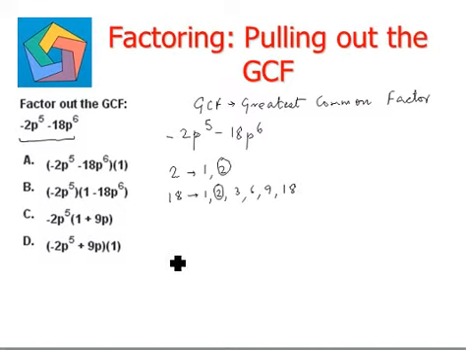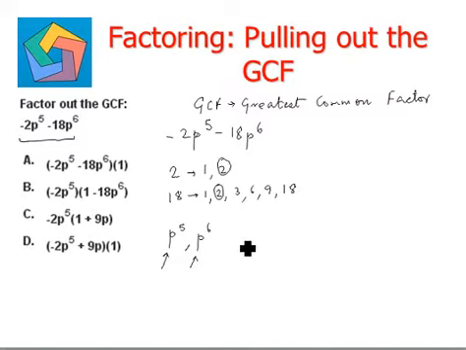Now we'll find the GCF of the variable part, that is p to the power of 5 and p to the power of 6. The GCF of the variable is found by taking the lower or smaller power of the variable. Here we have just one variable, p, with power 5 in this case and 6 in this case.